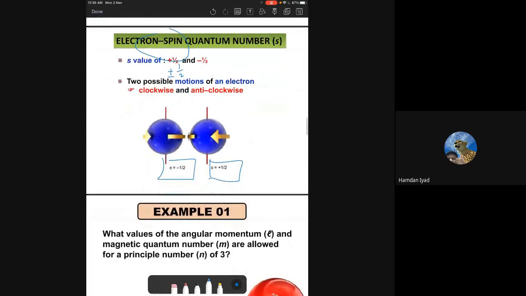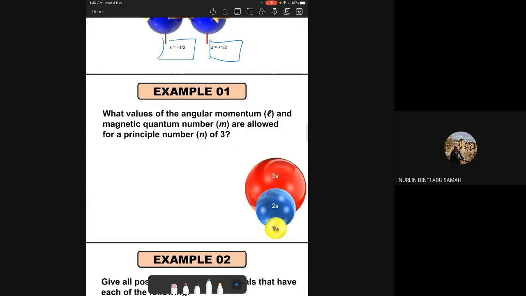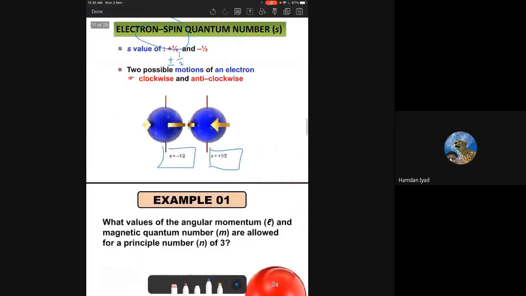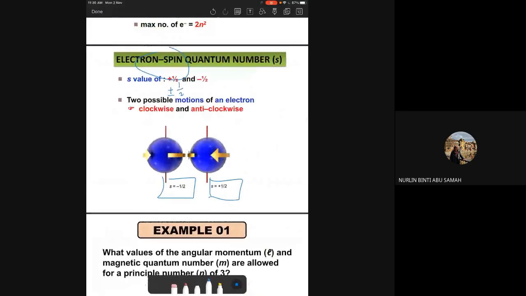Doktor, nak tanya untuk yang atas sikit tadi. Yang negatif 1/2 dengan positif 1/2 tu, dia sama orbit ke lain orbit? Dia orbital yang sama, dia bukan orbit, dia orbital. Orbital yang sama. Oh, okey. Macam contoh orbital 1s.